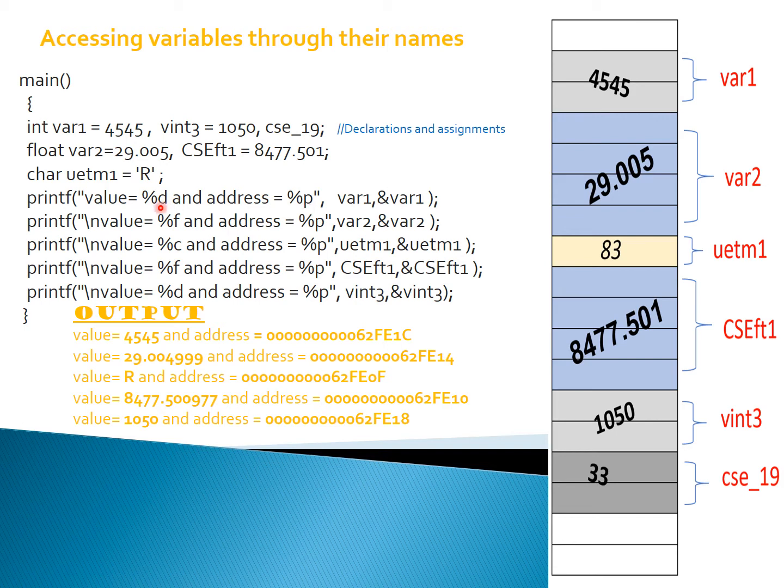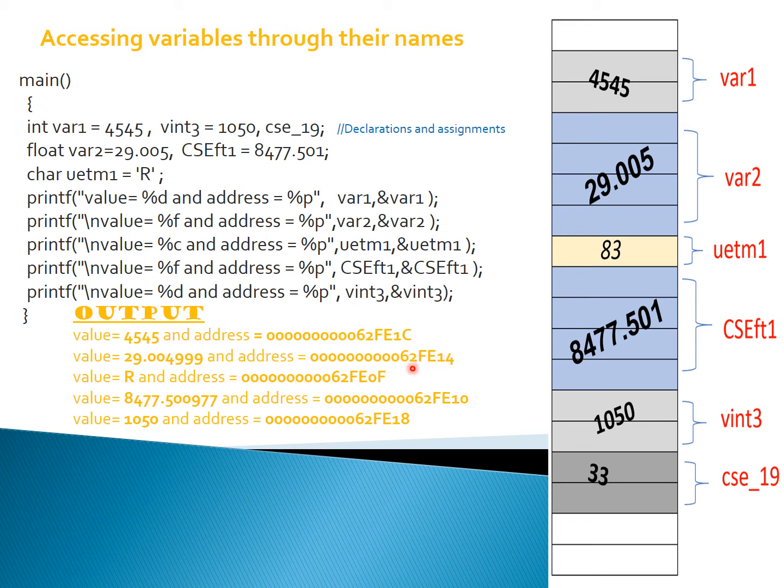So this is the contents of the integer variable 1. This is the output, and this is the address. You will get a different value here. It depends, and it will be different from computer to computer. So this is the float variable, this is the contents 29.005, and then this is the address of the float variable.